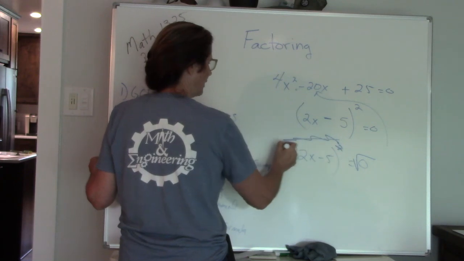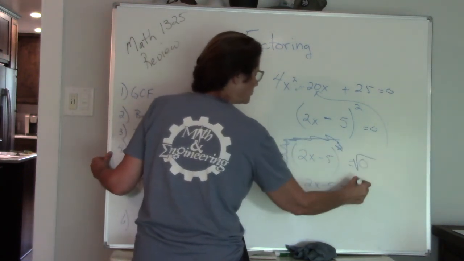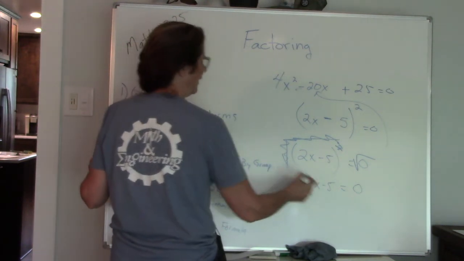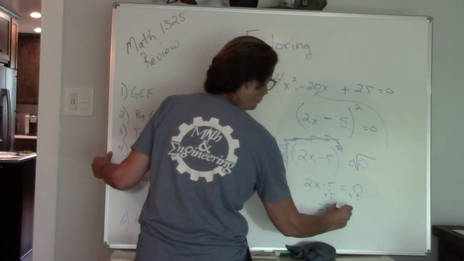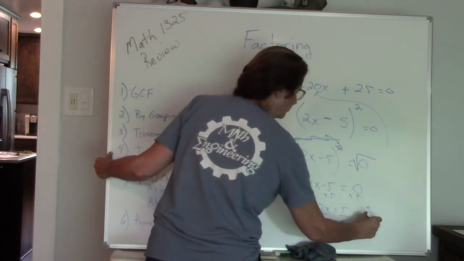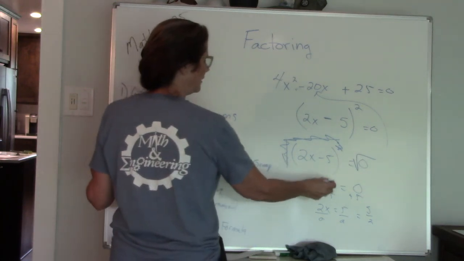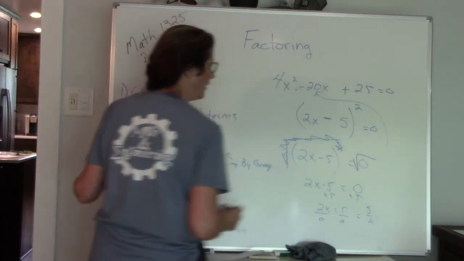So those go away. So I end up with 2x minus 5 equals square root of 0, which is 0. And then I'm going to solve for x. So I get 2x equals 5, divide by 2. So x equals 5/2. And again, it's the opposite sign, 5 over 2.